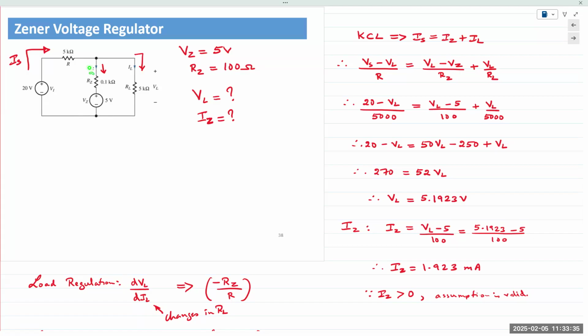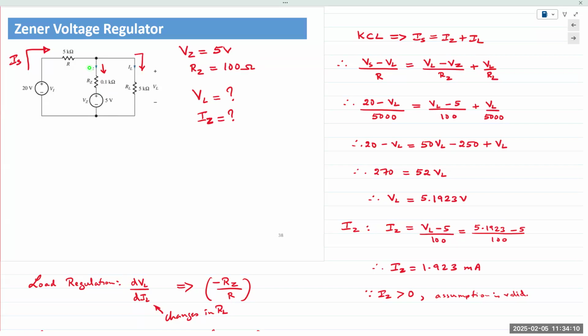And because there is a slight voltage drop here, the voltage appearing across VL is not exactly the same as VZ. VZ is rated at 5 volts. RZ is 100 ohms, and of course, that's in series. So you perform the same analysis. IS is split between IZ and IL. You plug in the equations for all three.